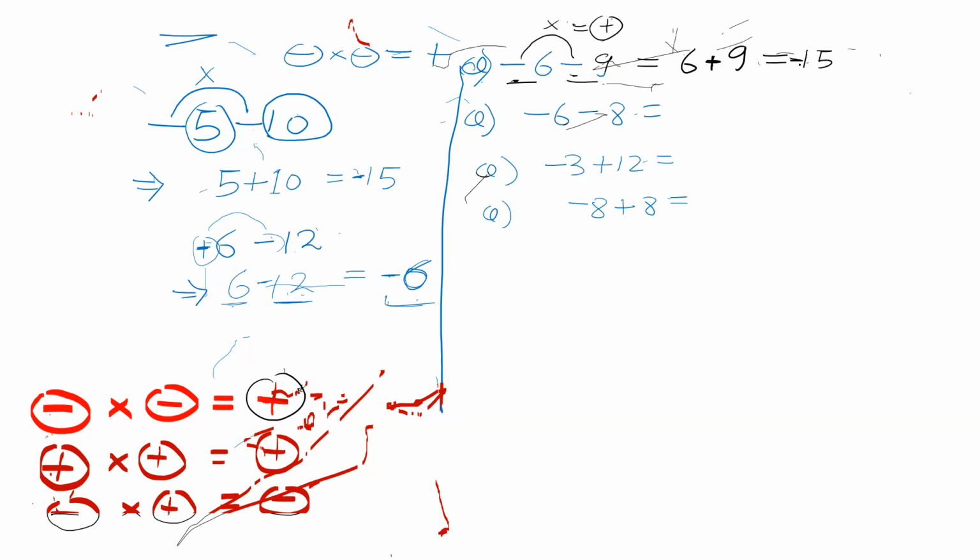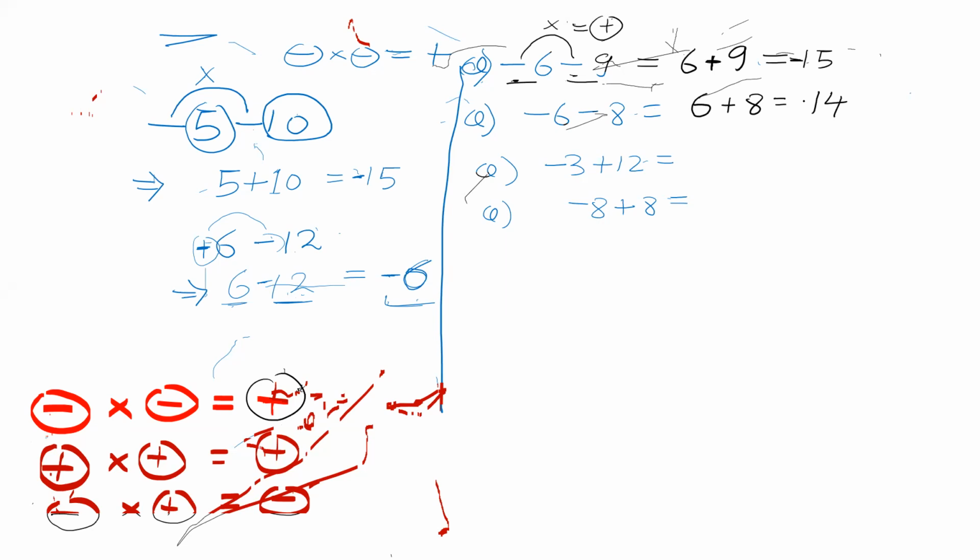Similarly, you can do the second one also. Quickly do this one. What will we do here? Between 6 and 8, there will be a plus sign. So it will be 14. And the sign here, what will it be?